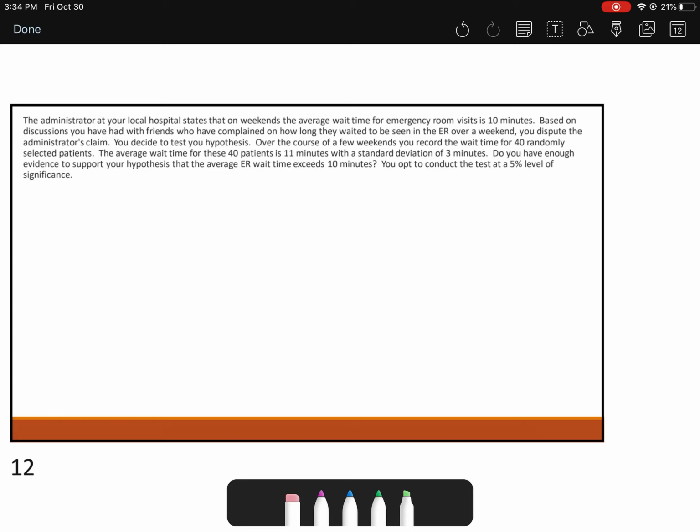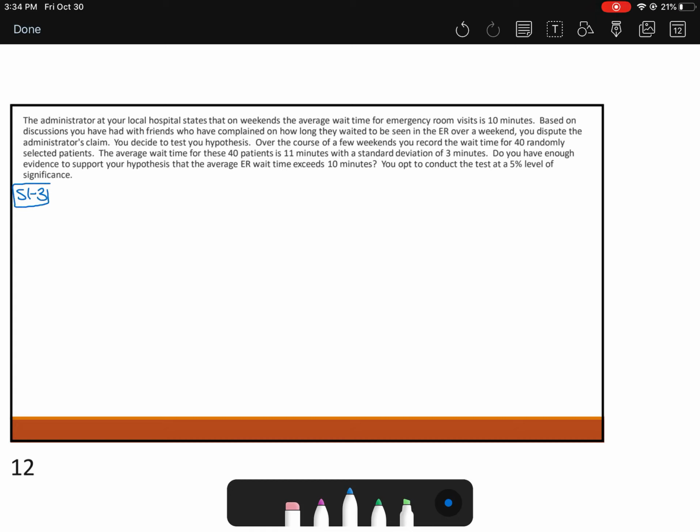Over the course of a few weekends, you record the wait time for 40 randomly selected patients. The average wait time for these 40 patients is 11 minutes with a standard deviation of 3 minutes. Do you have enough evidence to support your hypothesis that the average ER wait time exceeds 10 minutes? You opted to conduct the test at a 5% level of significance.